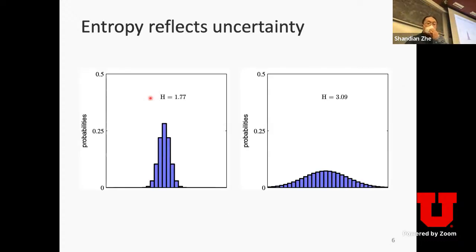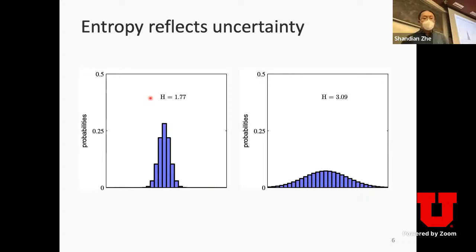So as we just mentioned, entropy reflects the uncertainty, right? You can view uncertainty and information as 2 sides of one coin. They are kind of equivalent. The larger the uncertainty of a random variable, the more information it contains, right?